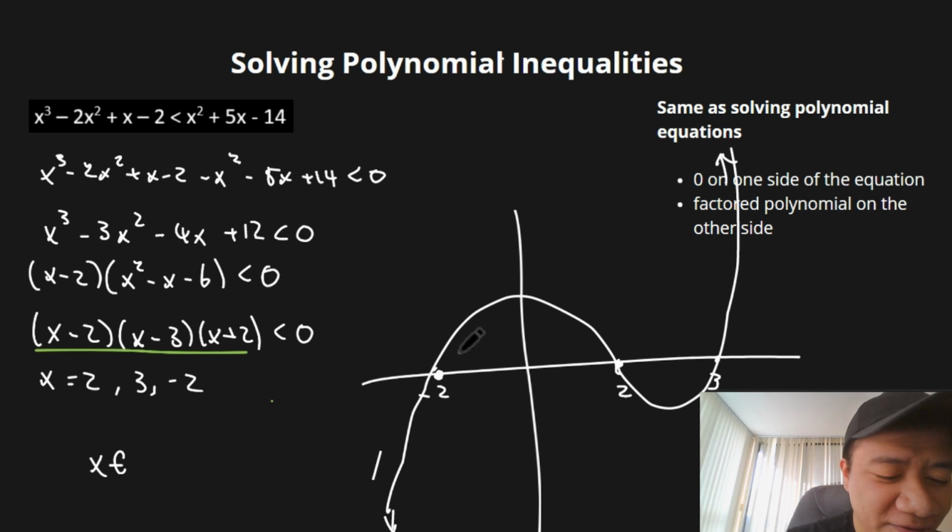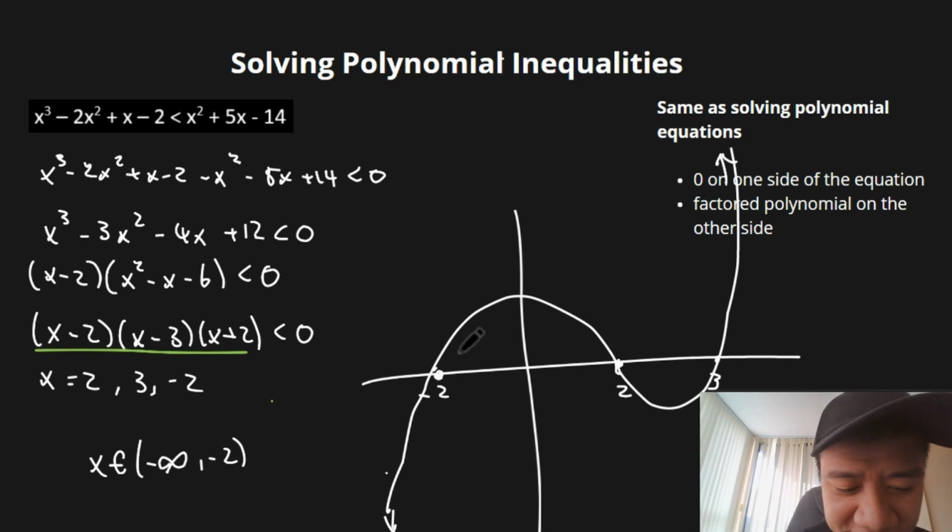Use this little sign for equals. So x is an element of, we can choose x as any number between negative infinity to negative 2. So all the numbers less than negative 2.